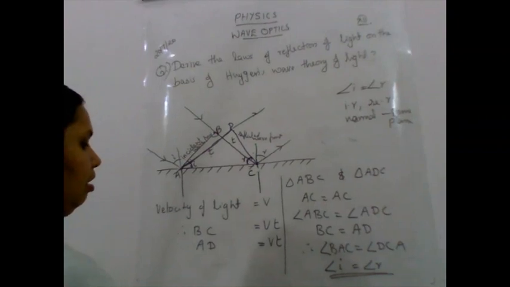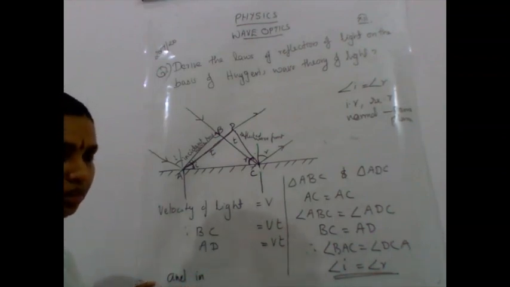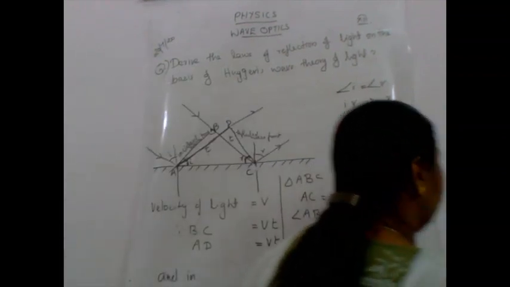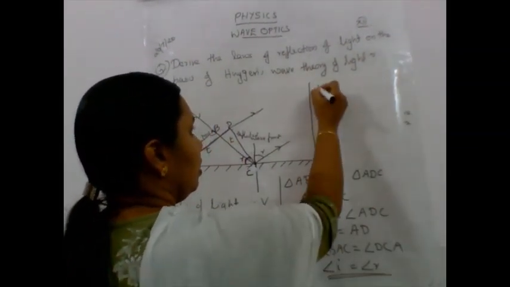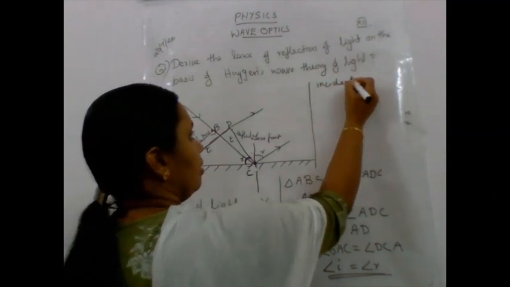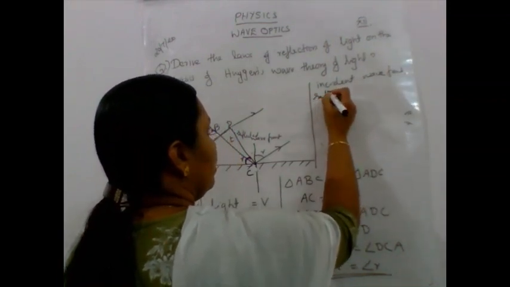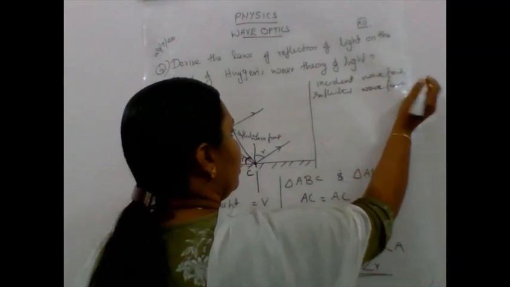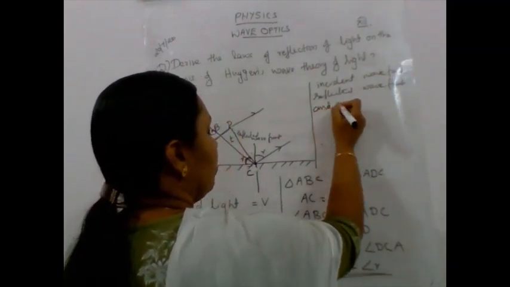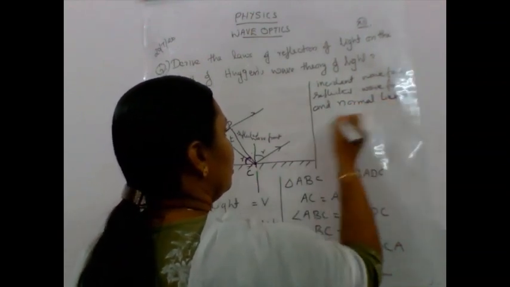Here we have to write: incident wavefront, reflected wavefront and normal lie in the same plane.